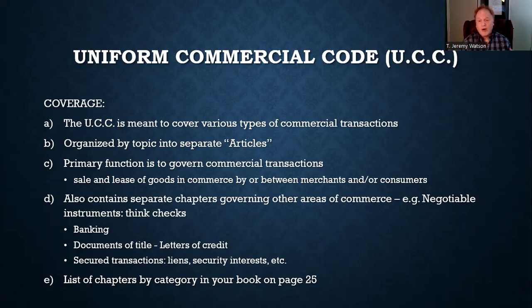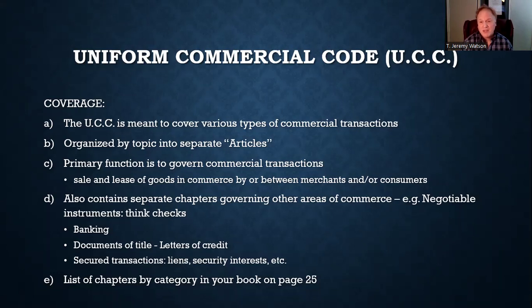But there are notes. If it rises to the level of something you actually wrote down and you intended for it to be tradable, then that might be a negotiable instrument, and that's governed by a different chapter of the UCC. There's also sections on banking and letters of credit and secured transactions. Secured transactions, those are things like mortgages or car notes, right?